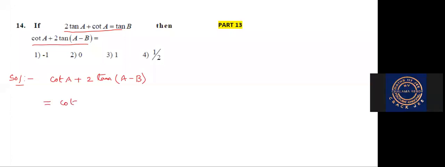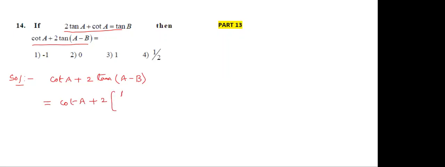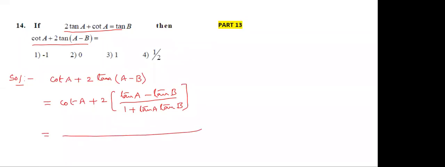Cot A plus 2 into the tan of A minus B formula: tan A minus tan B divided by 1 plus tan A tan B. Okay, now take the LCM. What is the LCM? 1 plus tan A tan B. Now multiply these two.